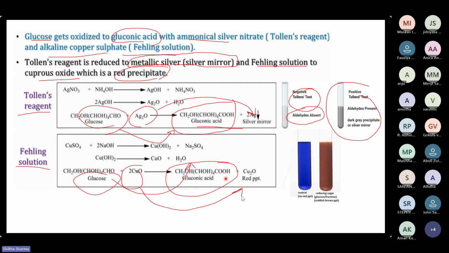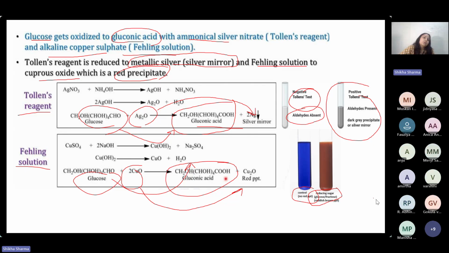Initially the color will be blue, and when the Fehling's reagent is acting and cuprous oxide is forming, the color will be reddish or brownish in the case of glucose, fructose, or any kind of reducing sugar.